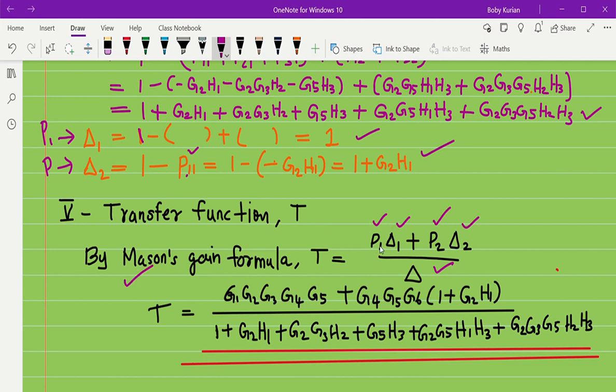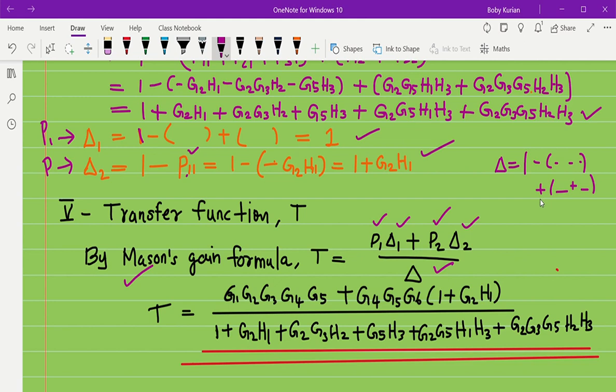Initially we have to find the forward paths P1 and P2. There are only two forward paths here, so we find all the possible forward paths, and then delta 1 and delta 2. In order to find delta, we find the individual loops first, then the gain products of two non-touching loops.